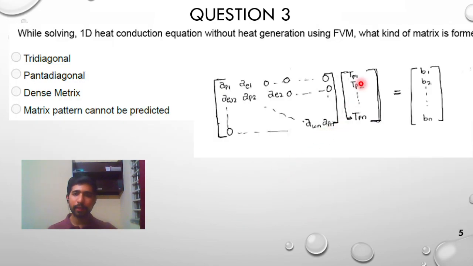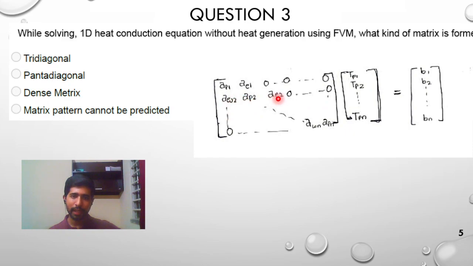So you will get something like this equation. For your node 1, the west coefficient will not come, because you already know the west temperature. You will just put it in the b term, so don't worry about that. So you get AP and AE only, and from the second until the n minus 1th node point, you will get all AW, AP and AE, right? That is what you studied in the previous question.